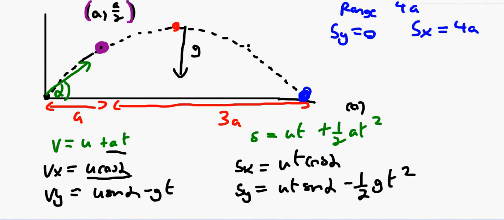What else can we say about the purple point? At the same time, Sy equals, anybody? What's Sy at the purple point? So how high are you in the air?